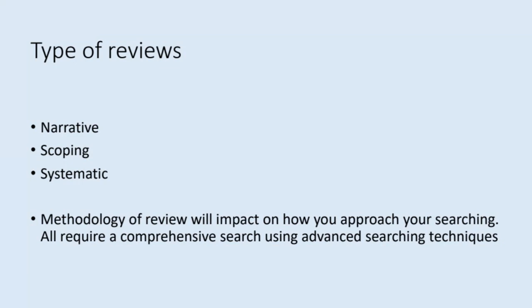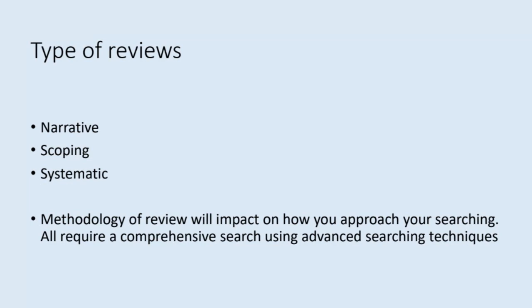So it might be leading to a meta-synthesis or a meta-analysis. And what makes it systematic is that these methods are followed carefully and explained transparently, and that they aim to be reproducible by somebody else in the future as well.